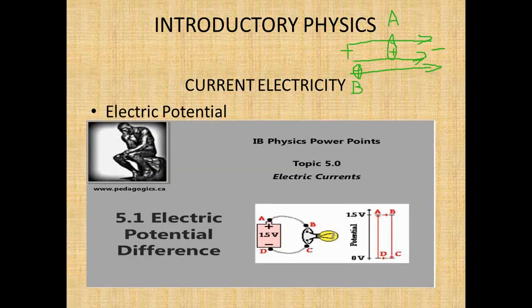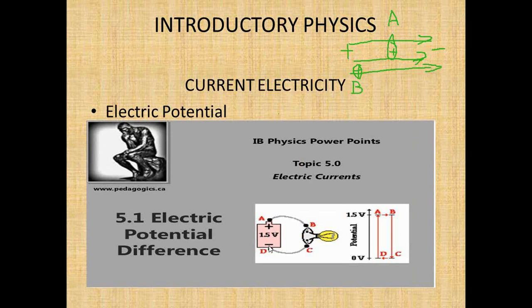All right. So let's look at this simple circuit. This is a battery, and you see you have a positive terminal and a negative terminal. So this positive terminal in the battery is what we call the high potential terminal, and the negative is what we call the low potential terminal.